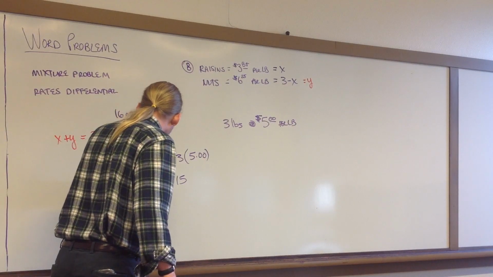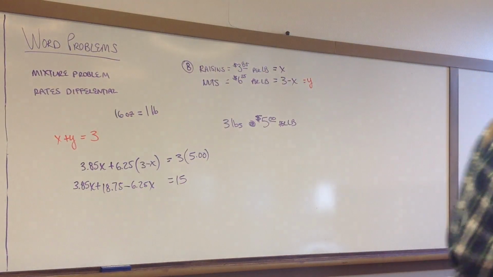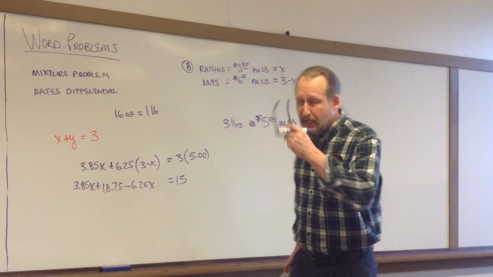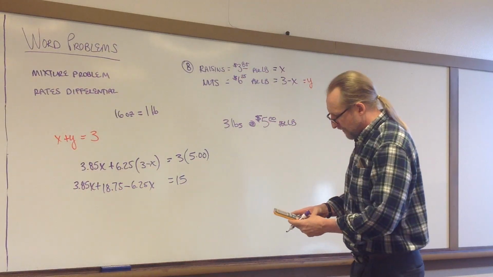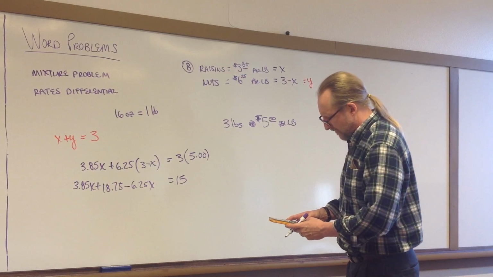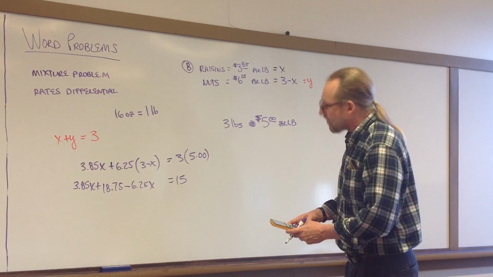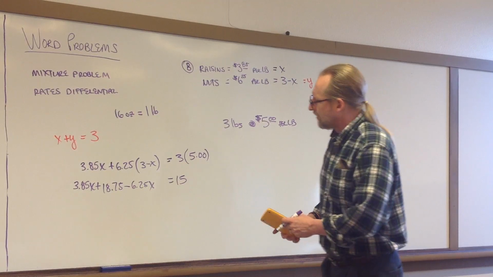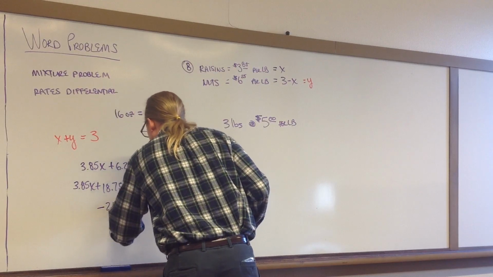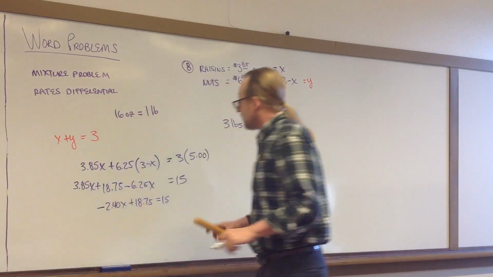minus 6.25x. Now, because my x's are on the same side, I just calculate with them. 3.85x minus 6.25x equals negative 2.40x, plus 18.75 equals 15.